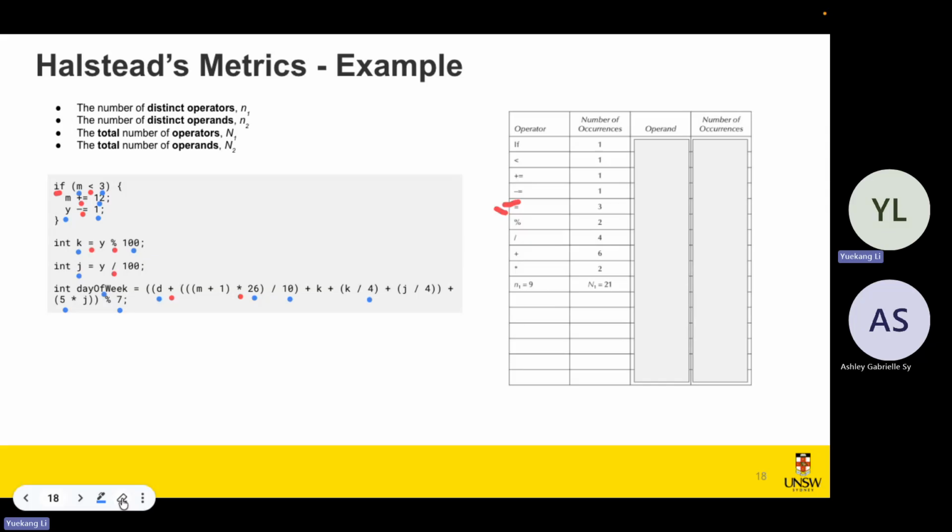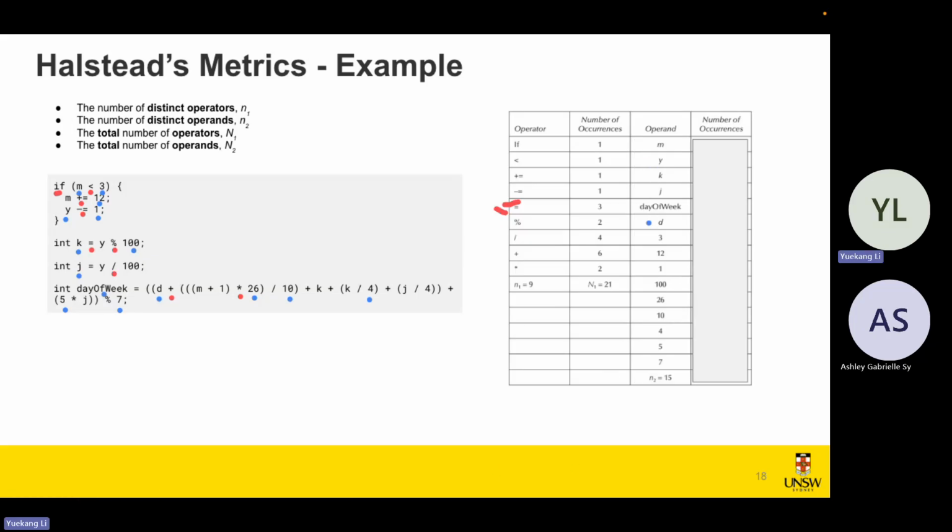So what we can get is something like this. And in total, we can have 15 distinct operands. And similar to how we calculate the total number of occurrences for operators, we can also calculate the number of occurrences for different operands, right?